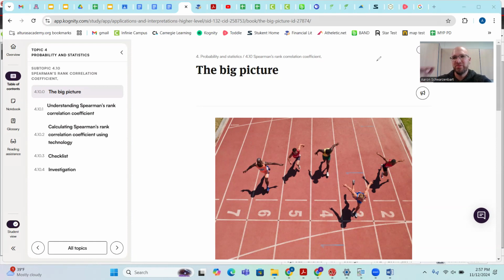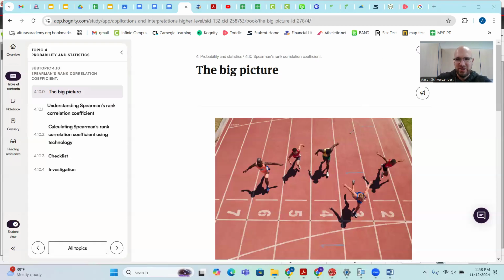When we've done correlation, we've done X value versus Y value. What we're going to do now is rank order of X value versus rank order of Y value, and find correlation that way, instead of simply finding the actual correlation between the numbers.